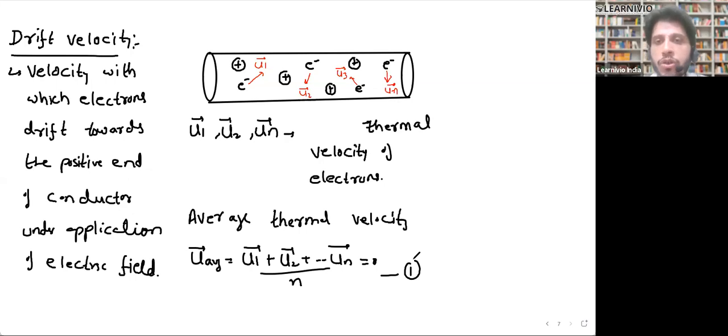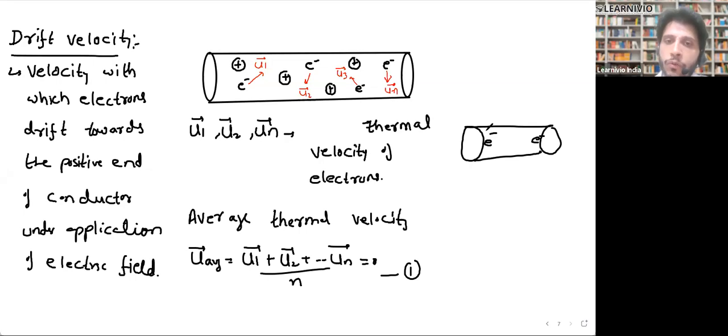That means there is no net movement of electrons. Say this conductor has 2 electrons, both in motion. In 1 second, this electron comes from this end to the other end, and at the same time, the other electron goes from right to the left end.